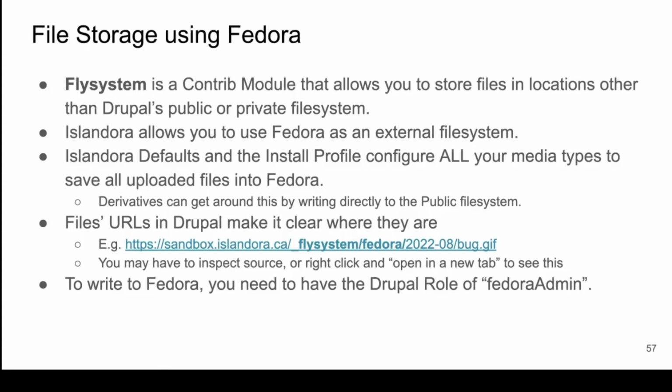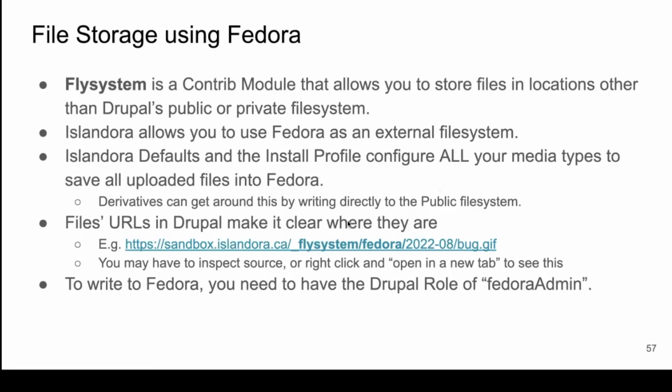When your derivatives come through, your service file and your thumbnail and stuff, those will probably live in your Drupal's public file system, because even though they are still in a media, the derivative process has a way of circumventing what's set in the UI for where you store these files. So yeah, nice and confusing. They could be anywhere.